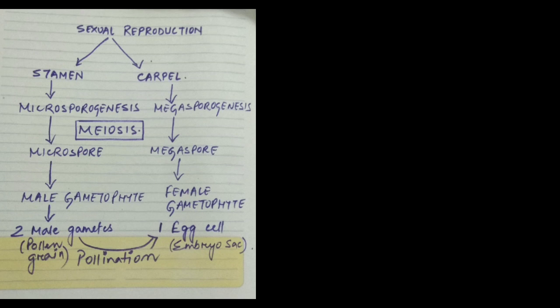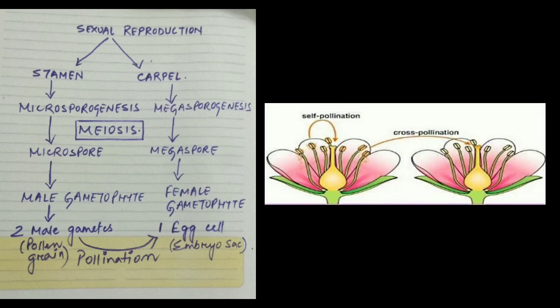Now, the two male gametes are present inside the pollen grain, and the egg cell is present inside the embryo sac, which is within the ovule. Now, a process takes place here where the pollen grains that bear the two male gametes are transferred to the stigma, which is a part of the carpel of the flower.